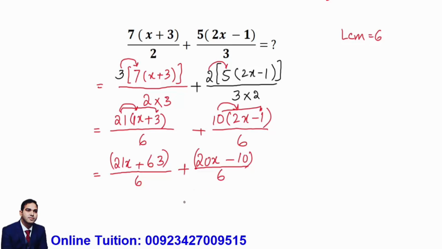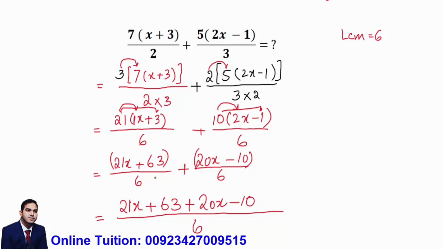Okay, over 6. Now you can easily add them. Keep the line 6, just write 21x plus 63, now plus 20x negative 10. So after that, just simplify those values, the x values.